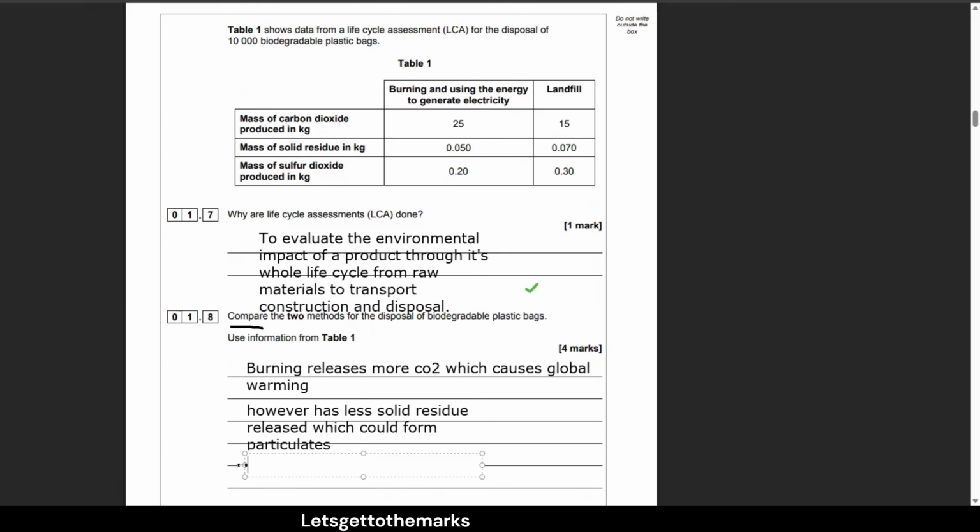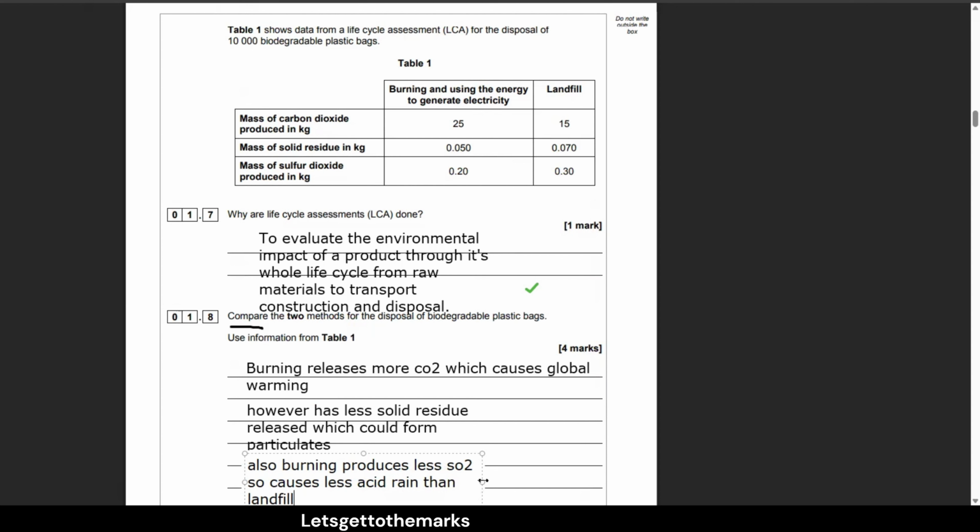However, burning also produces less sulfur dioxide, so it causes less acid rain than landfill. There you go.